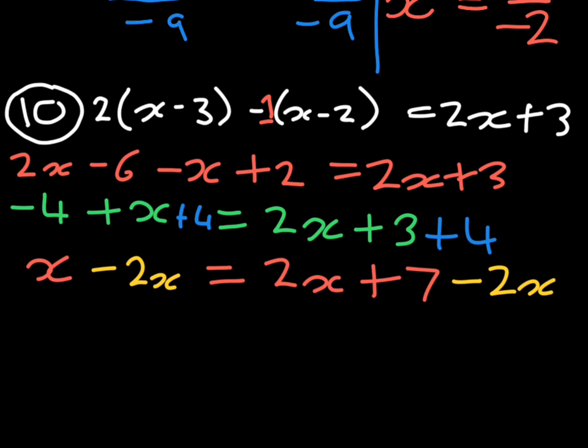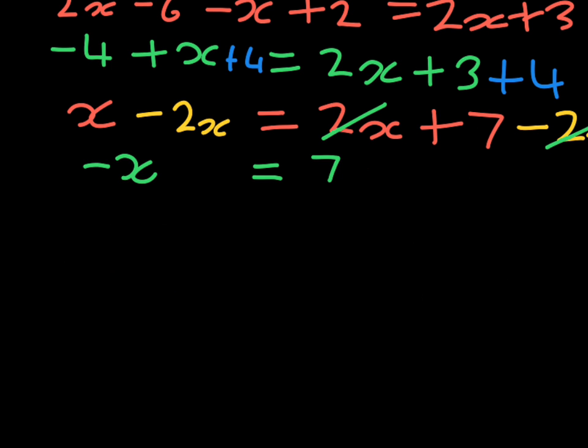If we say 1 minus 2, we get minus 1. Therefore, x minus 2x is going to give us minus 1x. And we don't write the 1 in front of the x. On the right-hand side, we are going to cancel out the minus 2x and the 2x, and that gives us 0. So that means we are left with positive 7.